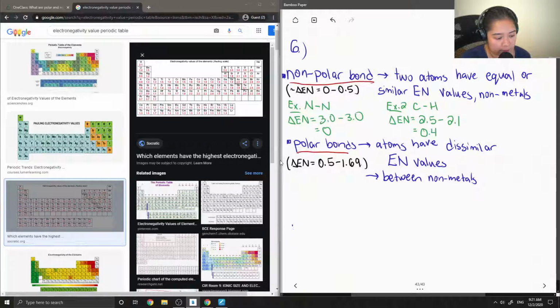So every time if you see a metal and a nonmetal, this is referred to as an ionic bond. So if you see a metal involved, you already know that it will be ionic. You don't even need to calculate its difference in electronegativity.